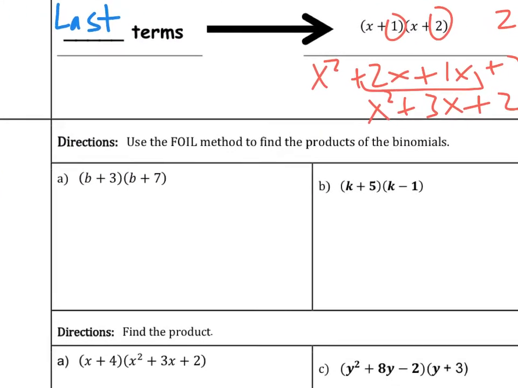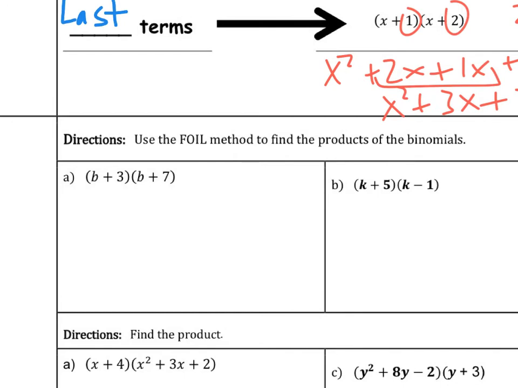Let's see how that works. Okay, so we can go FOIL first. You can even write it out. Outside, inner, last. What's the first ones? B times B, that's B squared. What's the outside ones? That's B times 7. So that's a plus 7B. What's the inside ones?